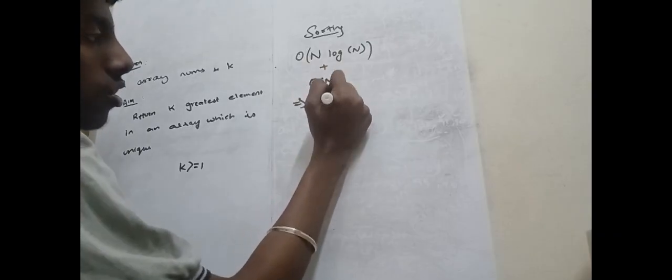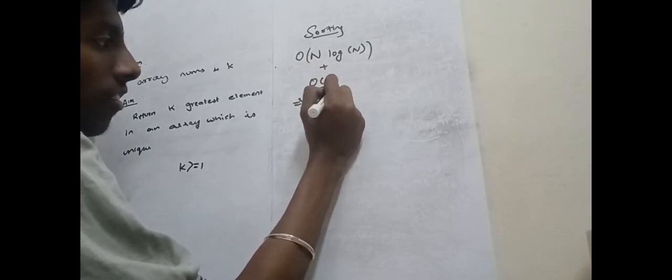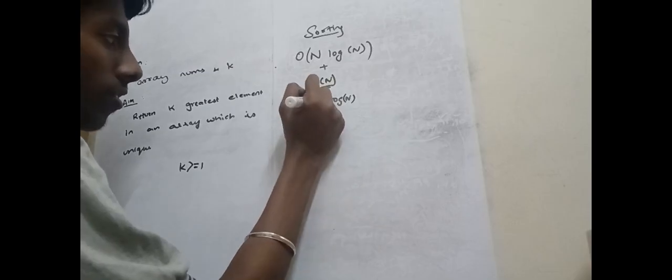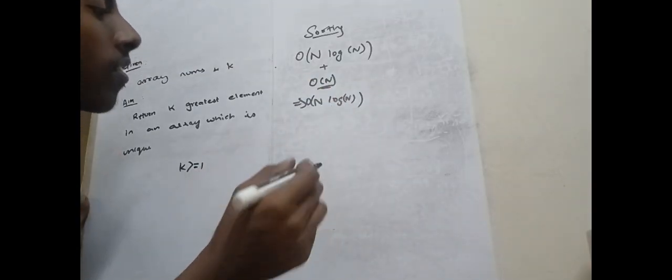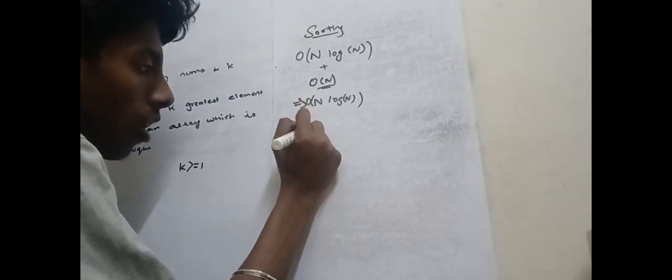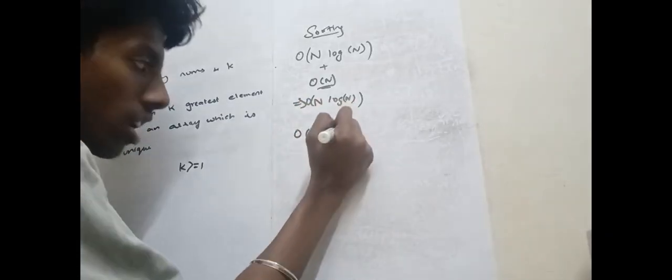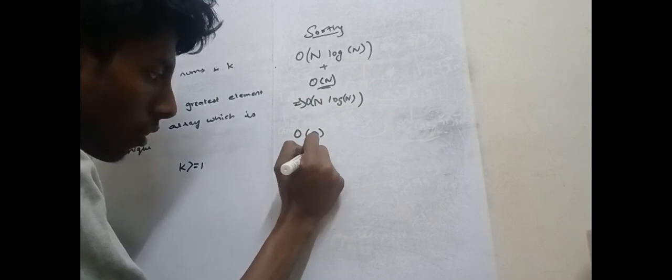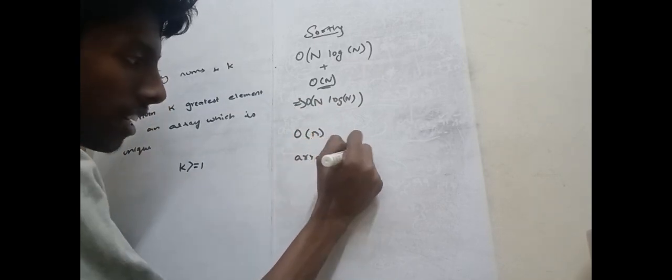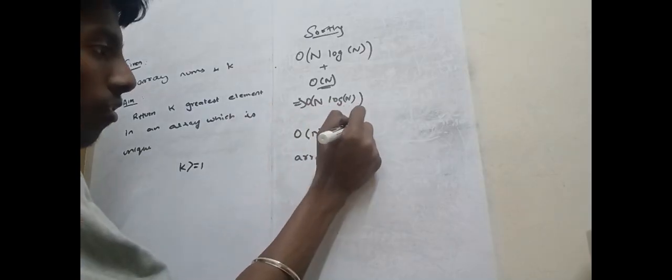So the answer is going to be O(n log n) for the time complexity. And the space complexity, it's actually going to be O(n), because we are storing the answer in the array. But if we do not consider that, obviously it's going to be O(1), because we are not using any additional space to compute. We are only storing the answer inside the array. So you can consider it as O(1) itself.